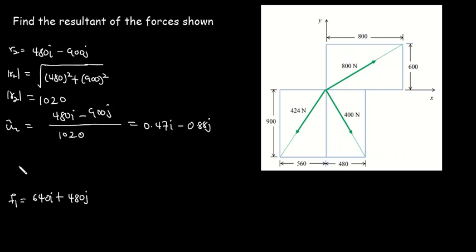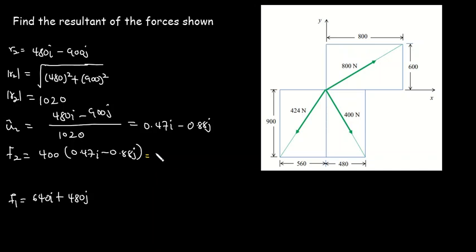Okay, so let's find the component of the force. We have F2 equal to 400 newtons multiplying 0.47 I minus 0.88 J. So let's get our values. We are going to have 400 multiplying 0.47.